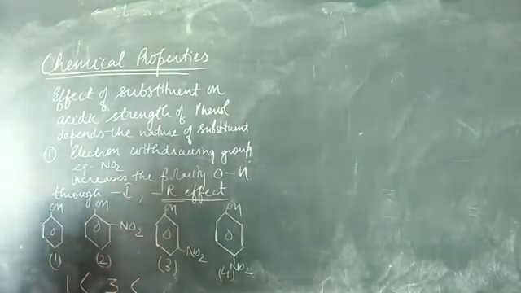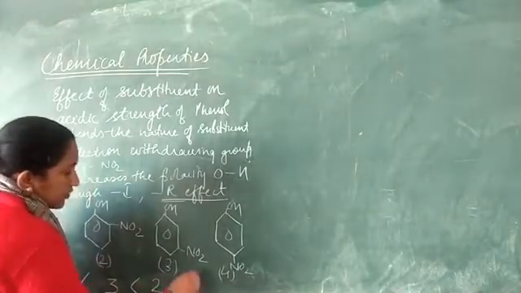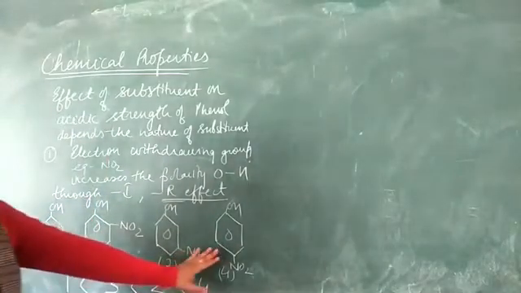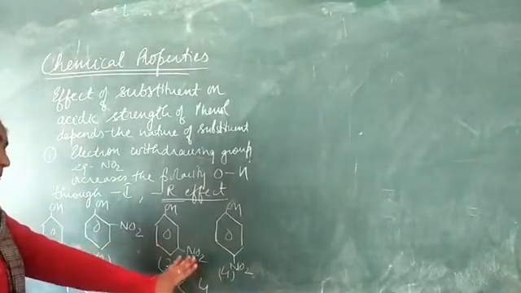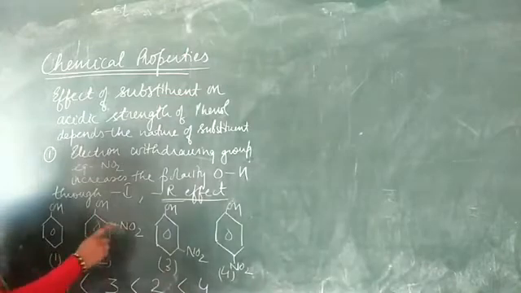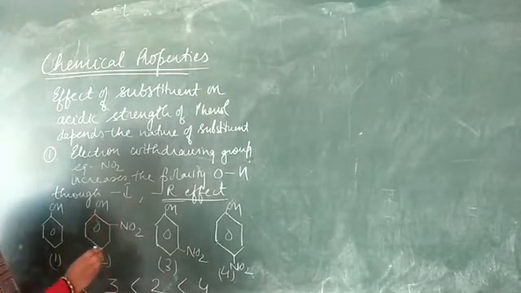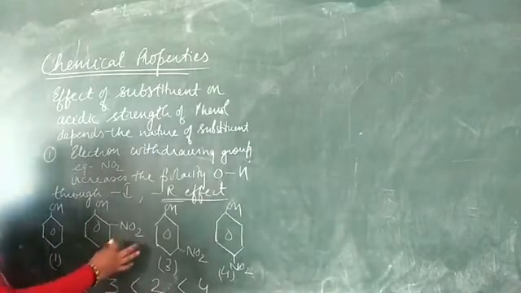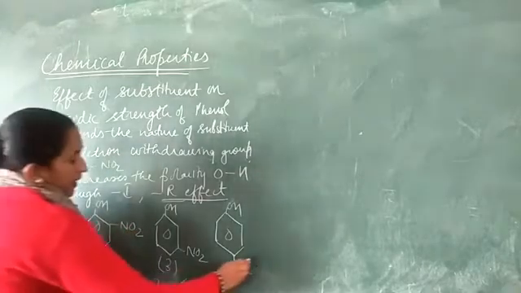Now the next position is the second position, and the strongest among these is the fourth one, that is paranitrophenol. Among these four, paranitrophenol is the strongest acid, right? The electron withdrawing effect is going to work only when the electron withdrawing group is present at the ortho and the para position.